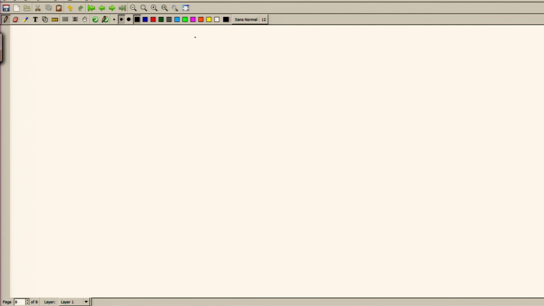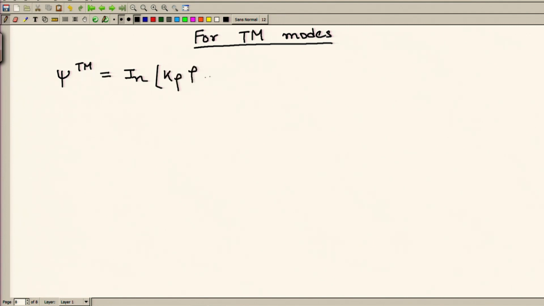To start with TM modes, we have psi of TM as Jn k rho cos of n phi e to the power minus j k z z.